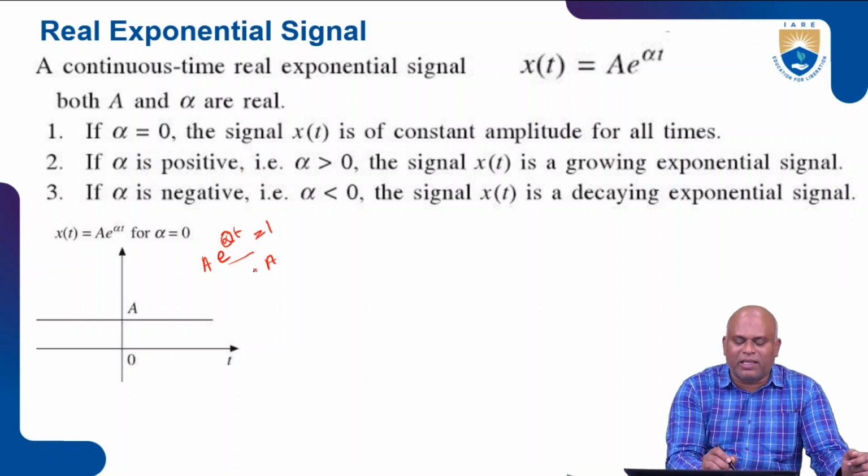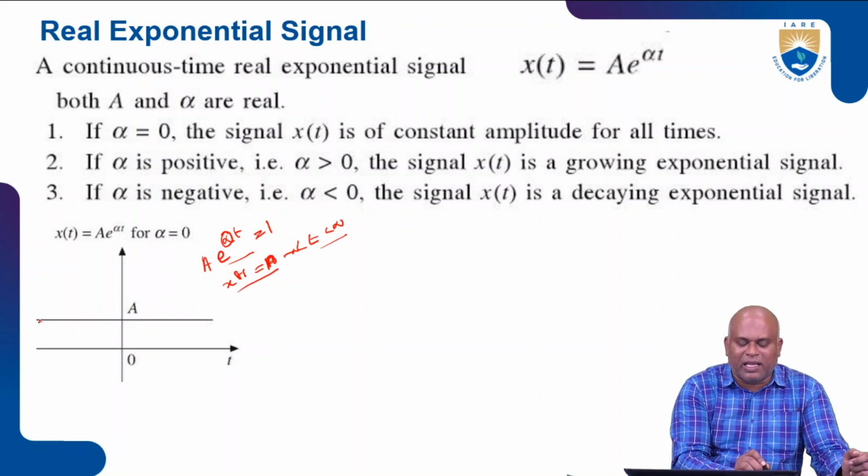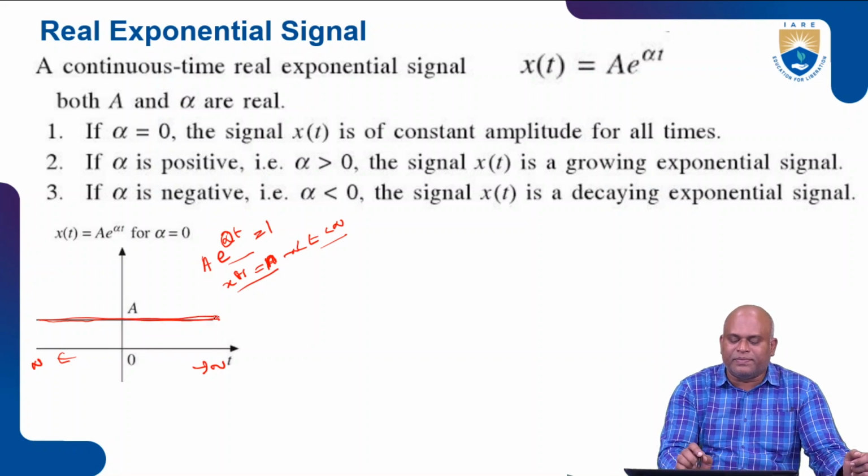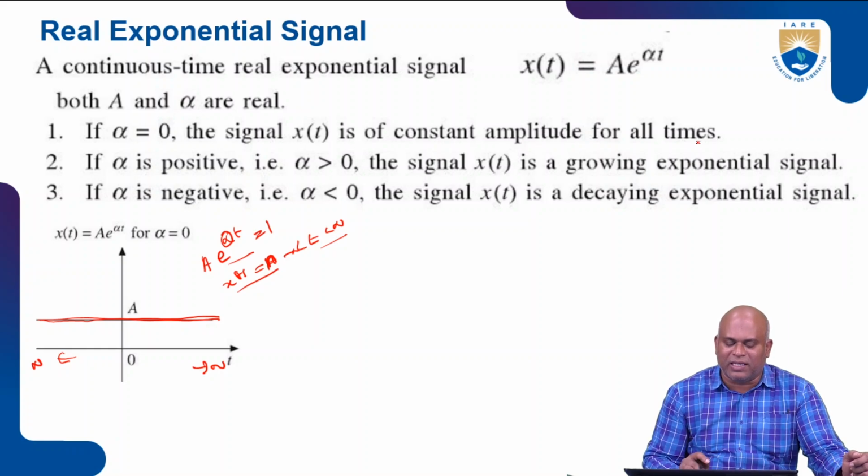So we get x of t equal to A for all t, from minus infinity to plus infinity, a constant in all directions. So the graphical representation, for both positive and negative infinity, is a constant signal, with constant amplitude for all time.